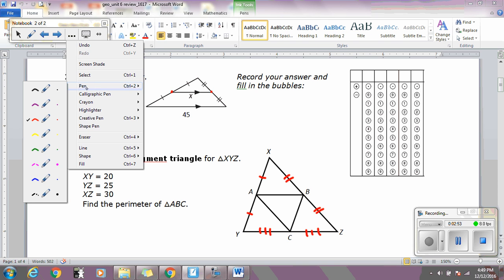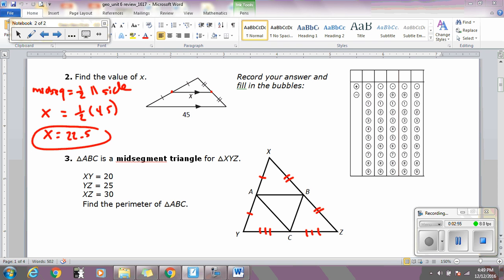And then it gives us some other values that we need to label. XY is 20, so the whole distance is 20. So that means each part, well, we can get into that in a moment. And then YZ is 25, and XZ is 30.